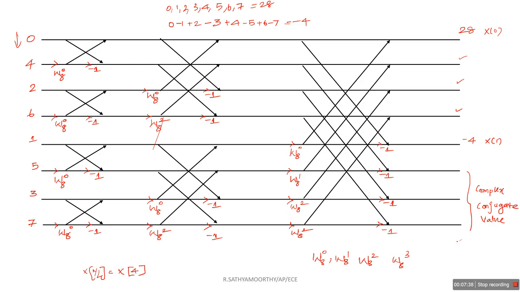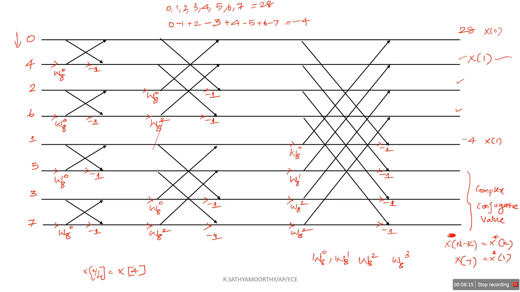These are defined by using the complex conjugate property of the DFT. You can refer to the complex conjugate property: X of N minus k is equal to X star of k, if I'm right. Let's say if k equals 1, then X star of 1 equals X of 7. So the first value is X of 1.